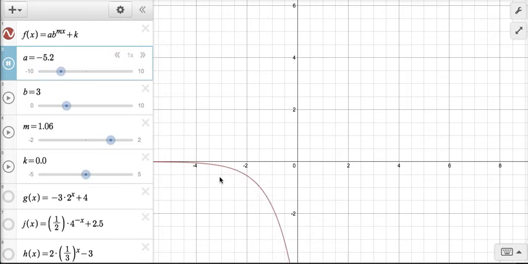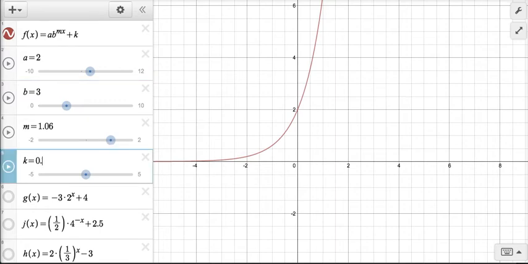And since I'm bringing up asymptote, it means we really need to look at asymptote and this thing that we call the intercept. So I'm going to let A equal 2. So it means it's like 2 times whatever B is, which is 3. So 2 times 3 to the x plus K. And here K is 0.